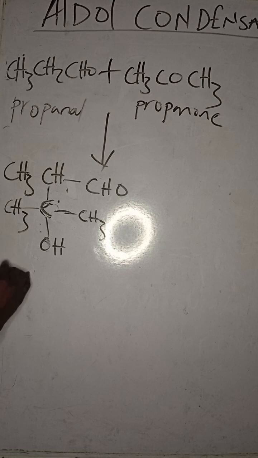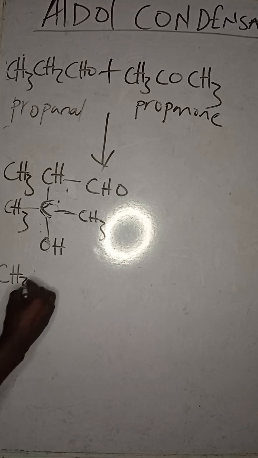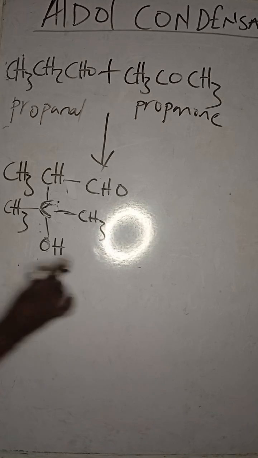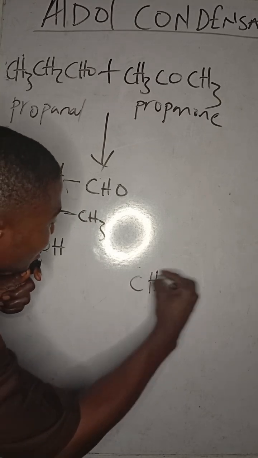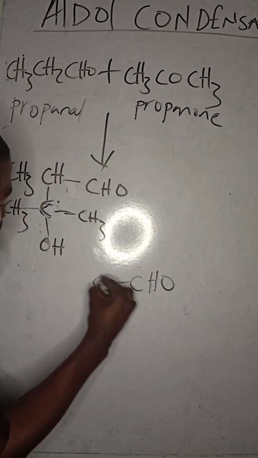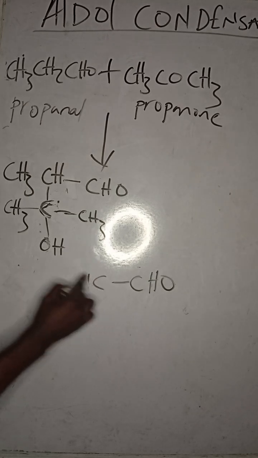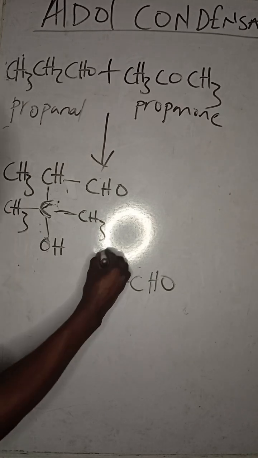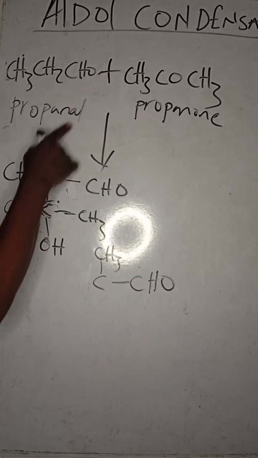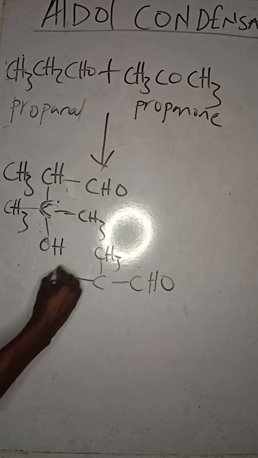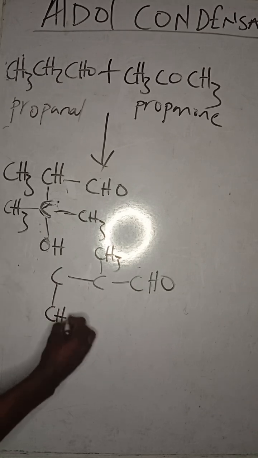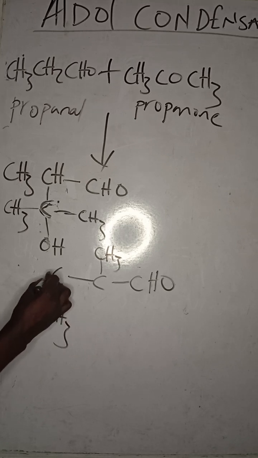Let me start with the functional group: CHO, CH. Let me take this methyl group up, then I'll take this C. Now that C has another methyl group, and it has OH.